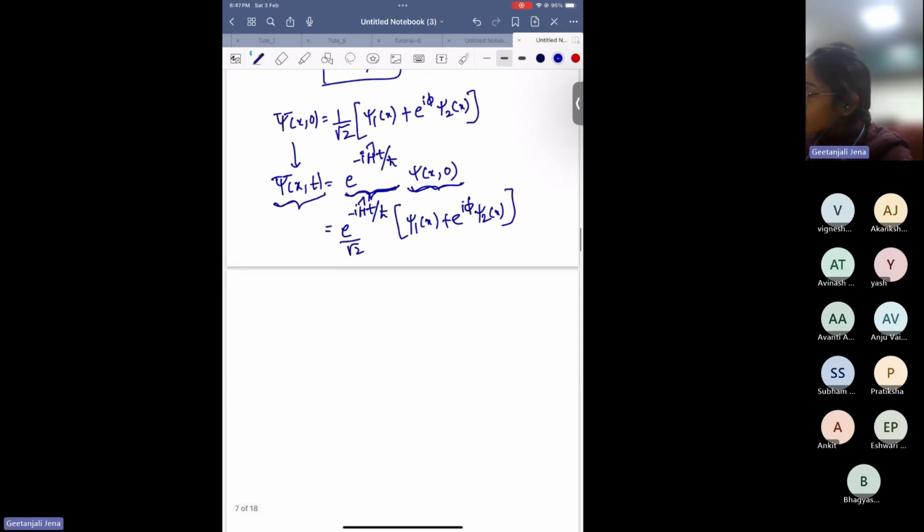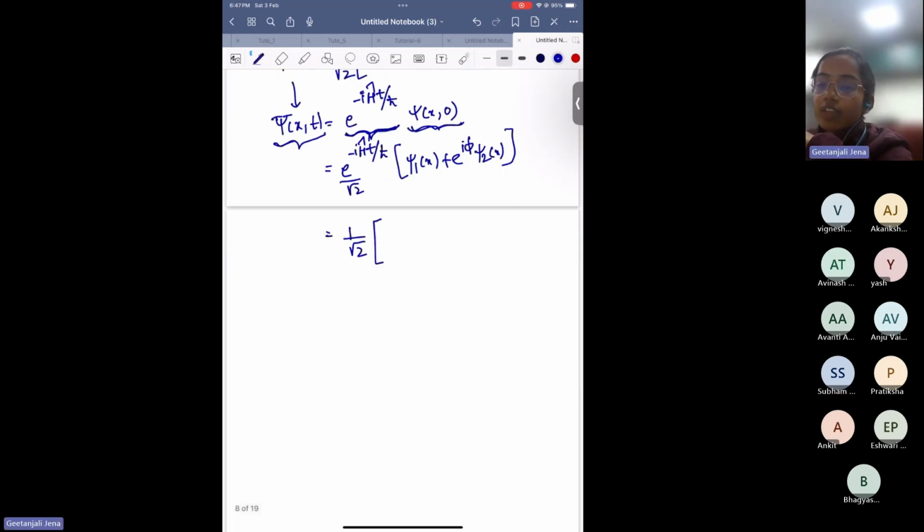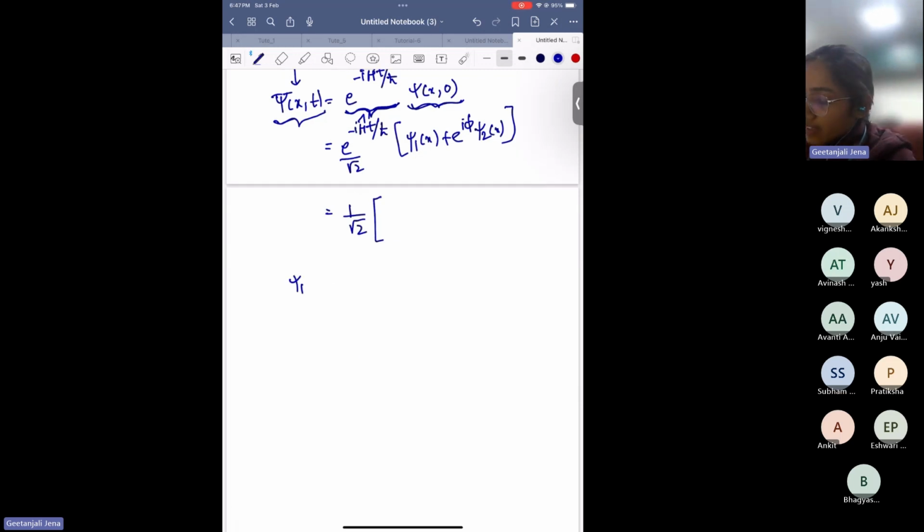Now when this time evolution operator acts on these stationary states, it will take out the eigenvalue of that state. For psi 1, the eigenvalue is E1, and for psi 2, let's say the eigenvalue is E2.